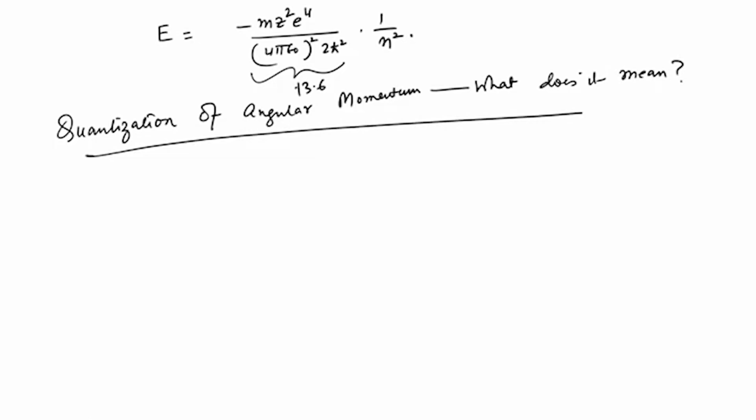For that we start with the Bohr-Sommerfeld quantization condition. It is also called, I think, the Wilson-Sommerfeld quantization condition, and can be derived from the WKB approximation.